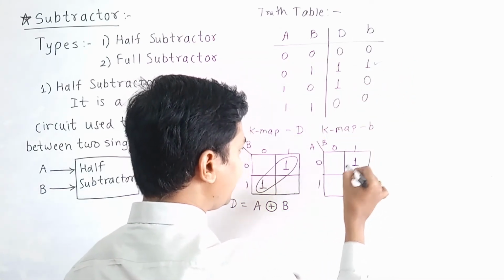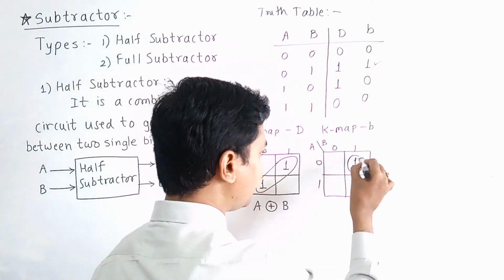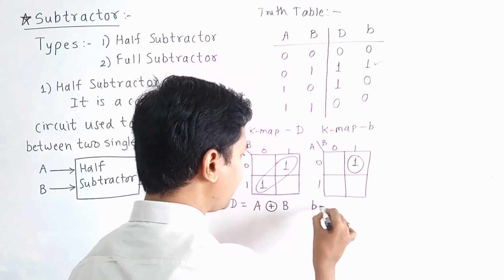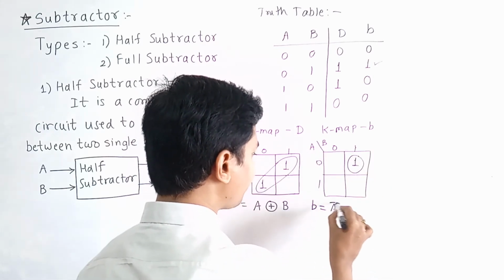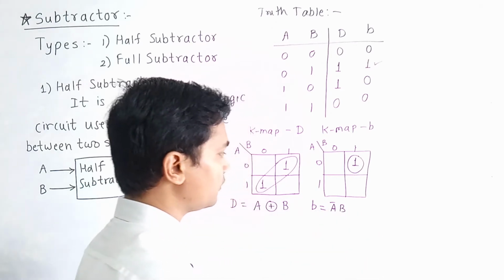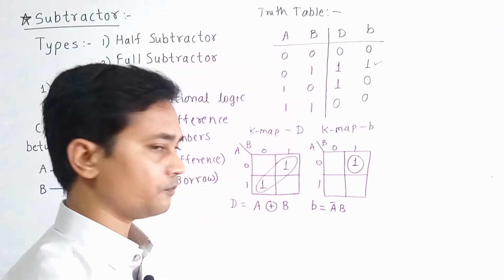So only at this place we are having 1, so we can just group the single one for obtaining the borrow equation. So the borrow equation will be A bar B, okay. So this is our equation for borrow.